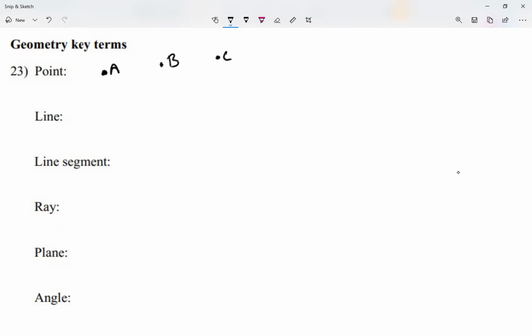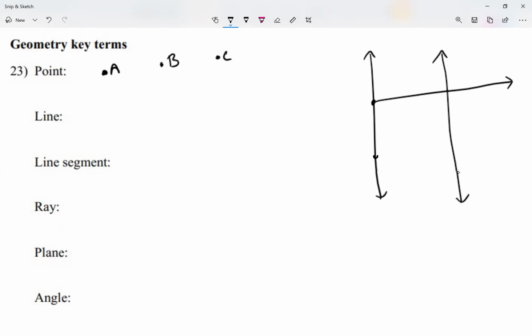As a matter of fact, let's say I have a figure, and I'm going to draw a figure here. Let me put some points there.